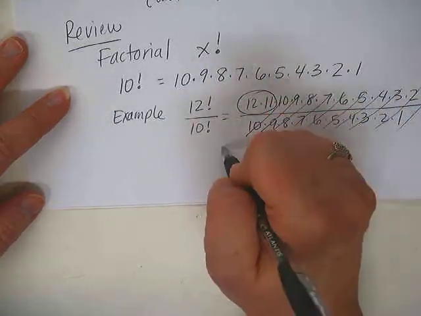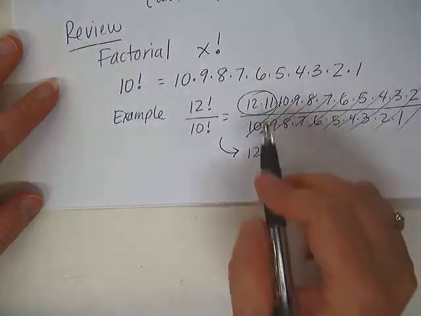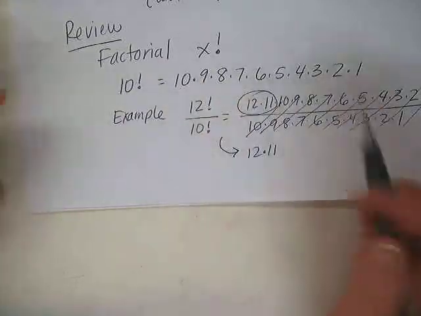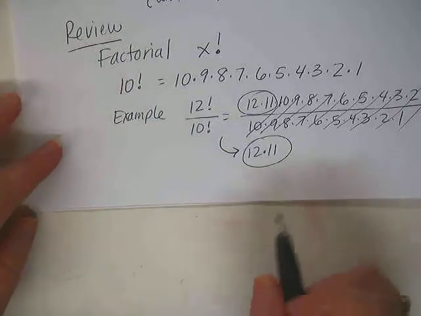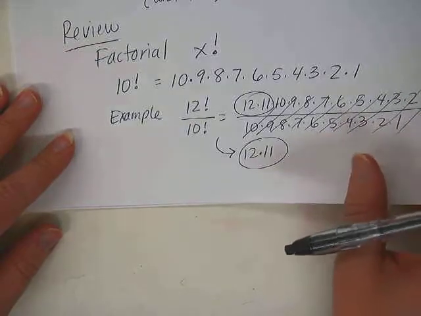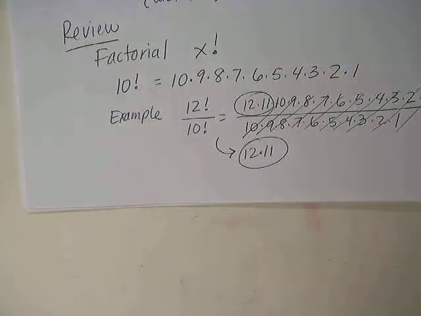Then these are all pairs that equal 1, and you're just left with that. So 12 factorial divided by 10 factorial ends up equaling just 12 times 11. So it seems like it would be easier to say it that way, but there are times when that's not really easier and this is actually more effective. This is mostly used in counting methods, things like probability and such. Anyway, it will show up in some of the things we're doing today.